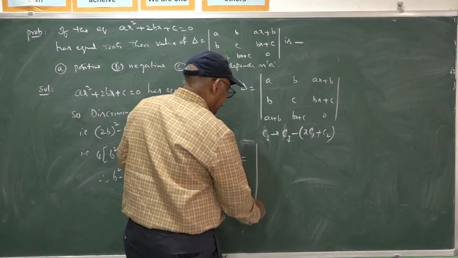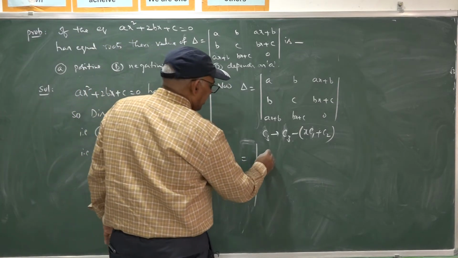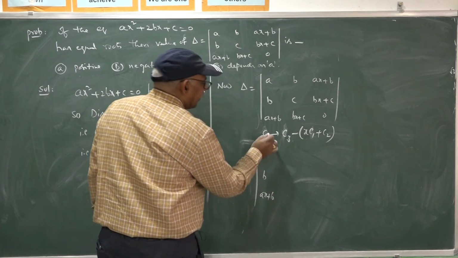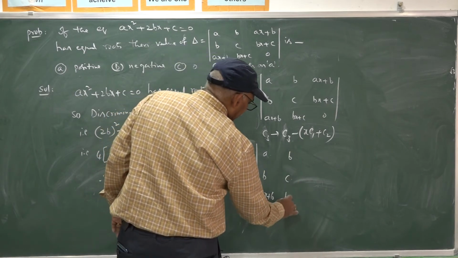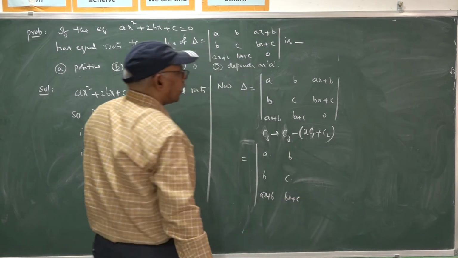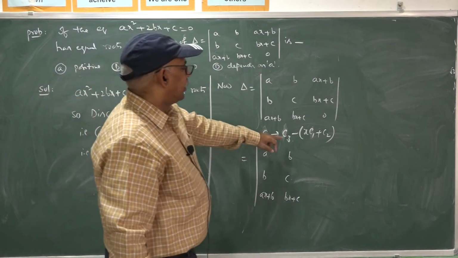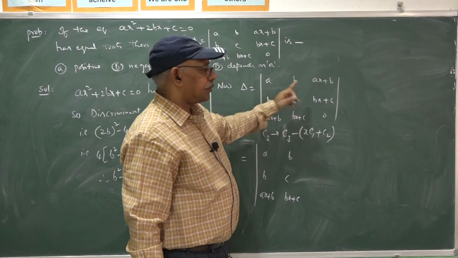Now taking that transformation, the first two columns remain same because C3 is affected here. C3 minus of x C1 plus C2.